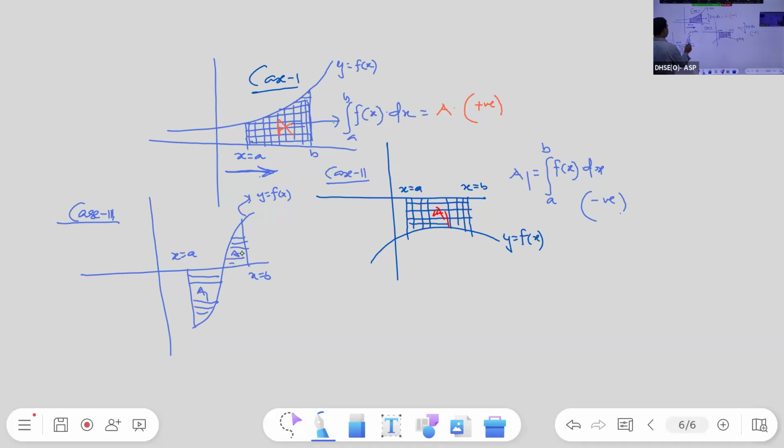So integral a to b f of x dx is equal to A2 minus A1, because A1 is negative area, the curve lying below the x-axis. Then come to case 4.